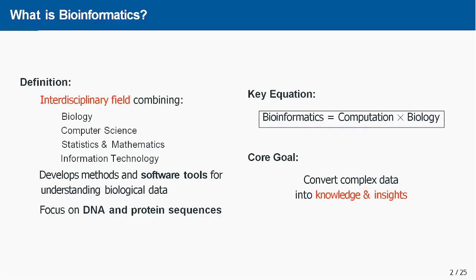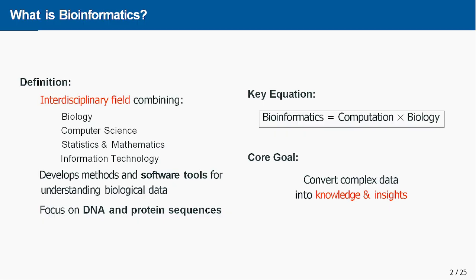What is actually bioinformatics? It is an interdisciplinary field. It combines biology, computer science, statistics, mathematics, and information technology to develop different types of software tools for understanding biological data, biological models, and mathematical models developed from analyzing those biological informations.